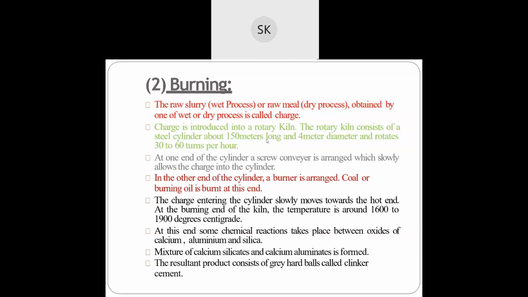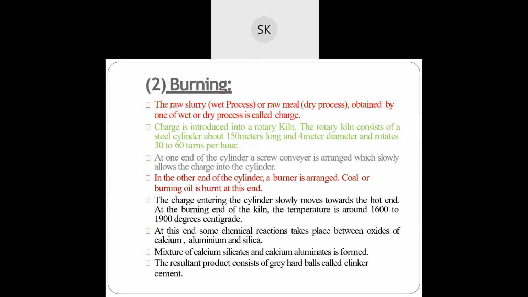The screw conveyor is arranged, which slowly allows the charge into the cylinder. So the charge, which is the mixed material you got from a wet process or dry process, is transferred into a cylinder, which is a rotary kiln, whose dimensions are given, and per hour it takes 30 to 60 tons.